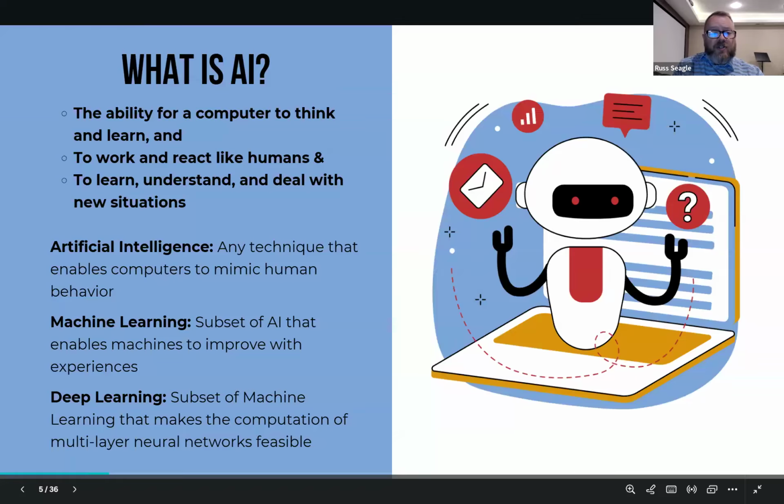So what is AI? It's just the ability for a computer to think and learn and start to do human things, to react in a human way, to talk to us in a more human way, and to learn and understand and deal with new situations. Your Google, your Bing, whatever it is that you use to search, those are pretty static.